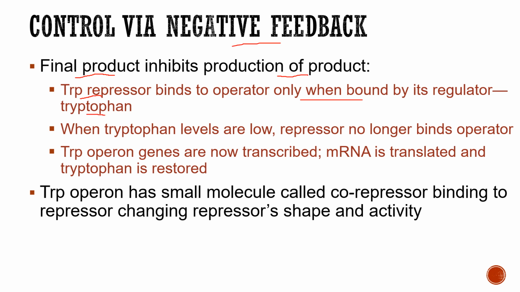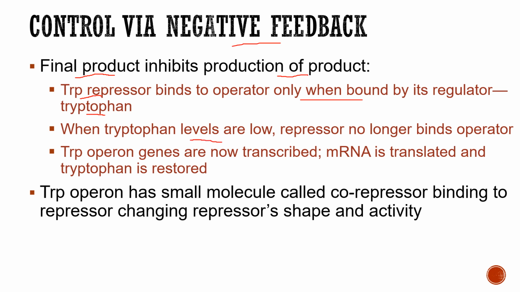So this is different than what we just looked at with the lac operon. With the lac operon, the repressor is always present unless the inducer attaches and removes it. The trp operon is an example of when the repressor only binds when a regulatory molecule is attached. And in this case, that regulatory molecule is tryptophan.